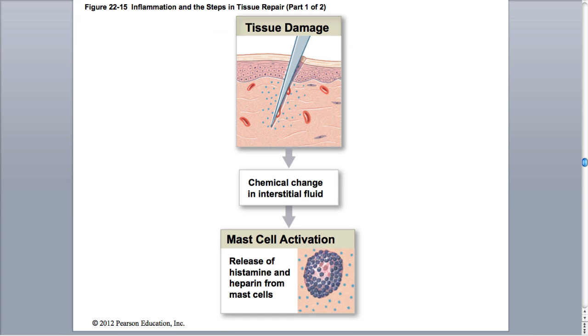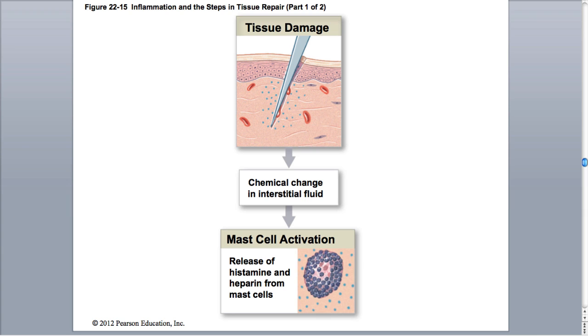Here's a picture version of the same thing. So here's a little pin or an injury releasing mast cells releasing histamine. And histamine is what will actually cause inflammation and swelling and increased blood flow to that region.